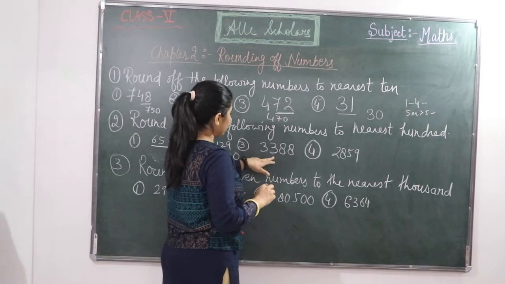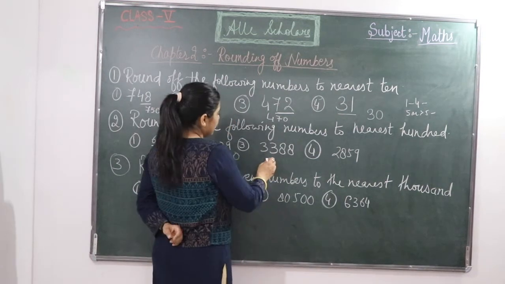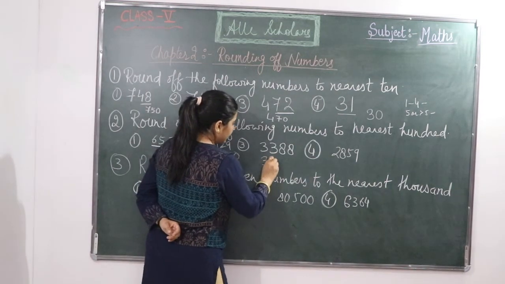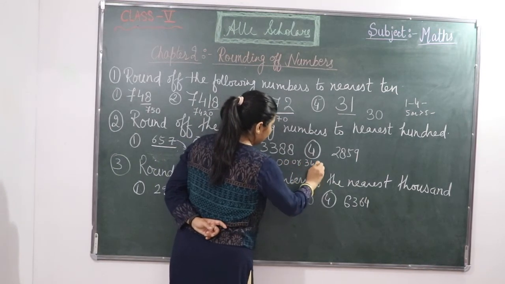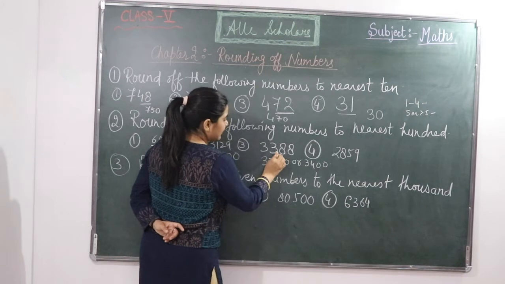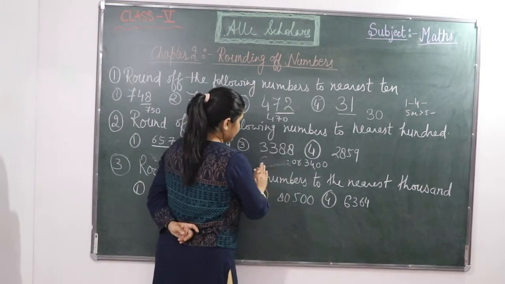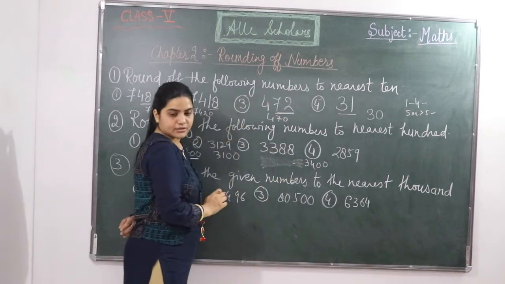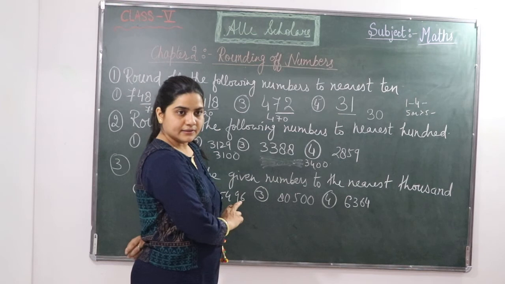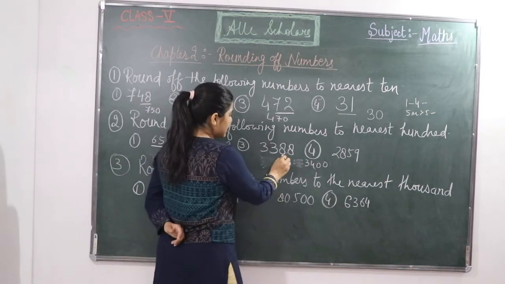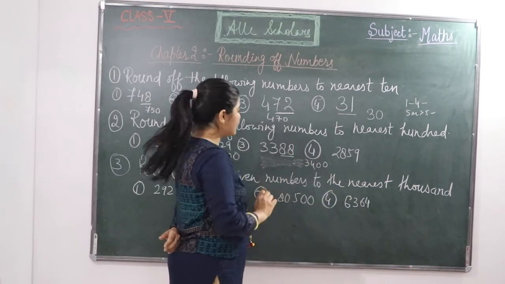Now next is 3388. For this we see 3300 or 3400. 3388 is near to 3400. It is not near to 3300. Is that clear to you? Because after 88 the next hundred comes soon.